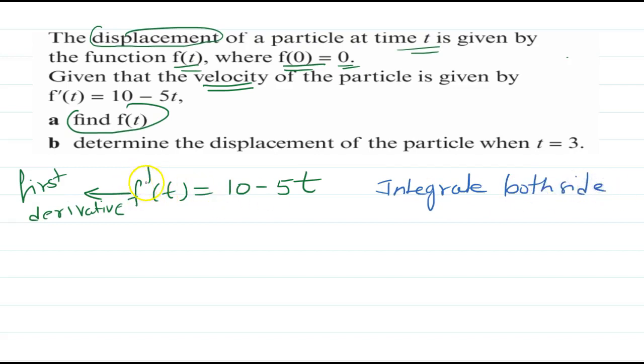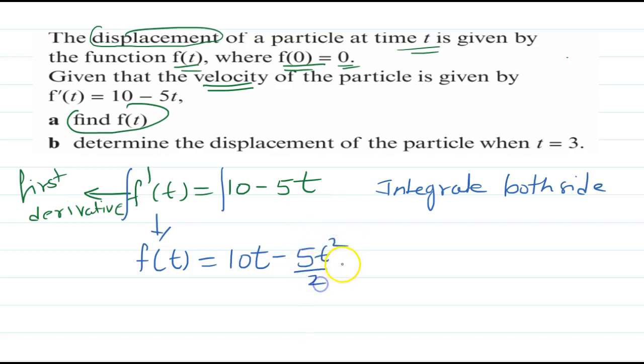Because if this is the first derivative and you integrate this side and this side, then f'(t) converts into f(t), which is the function you need to find, that is part a. The integration of 10 will be 10t, the integration of 5t will be 5t squared divided by 2, plus c. This is your first line.